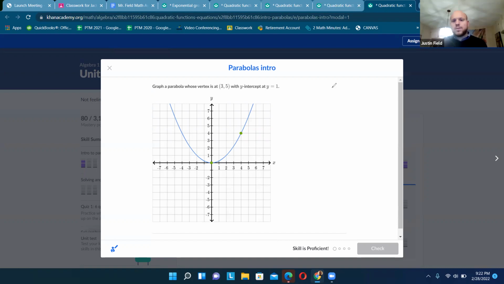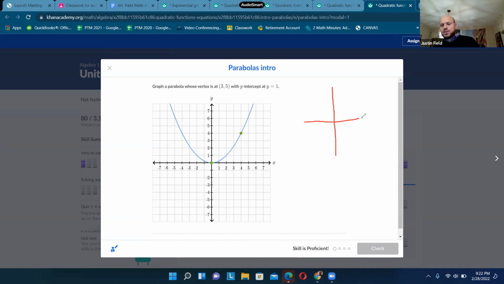So if you would go ahead and draw a parabola in your notes. Now we could draw a parabola that is going downward as well, but we'll start with this one going upward. So we have these 2 points right here called the zeros.